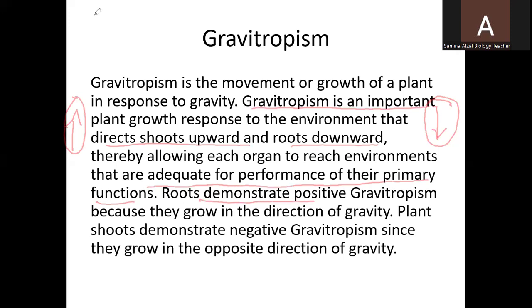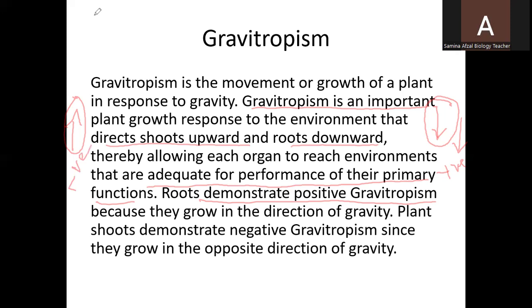Roots demonstrate positive gravitropism as roots are moving in response to gravity, or towards the gravity. Whereas the shoots are moving away from the gravity, so they show negative gravitropism.